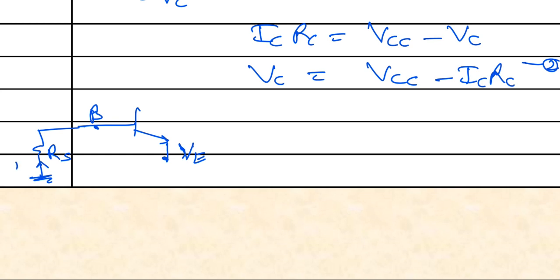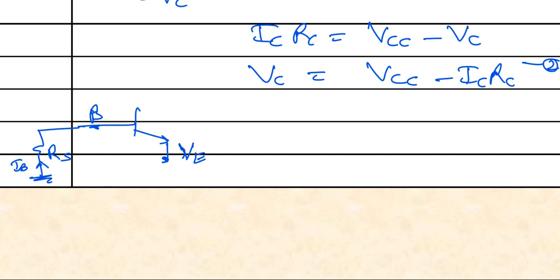Here is the base current. So neglecting base current, apply KVL in this loop only. So what we will get? VB value as 0 volt because this base current is very small, so voltage drop is very small. So I am assuming that the base terminal is connected to ground.